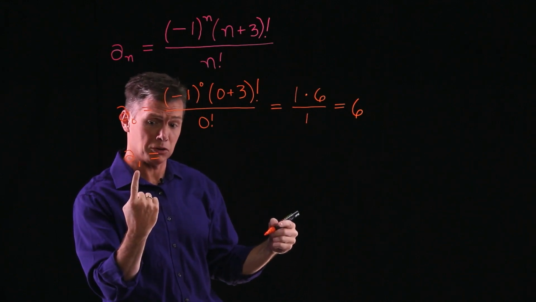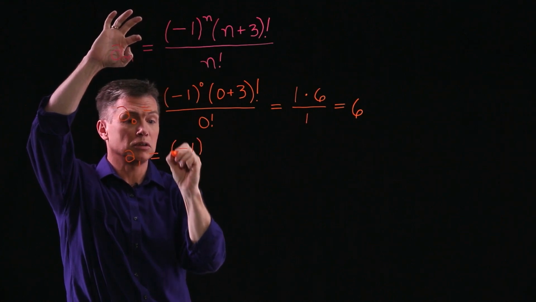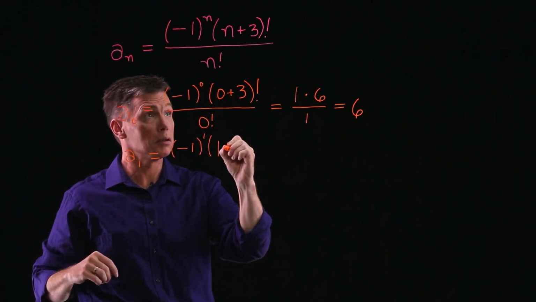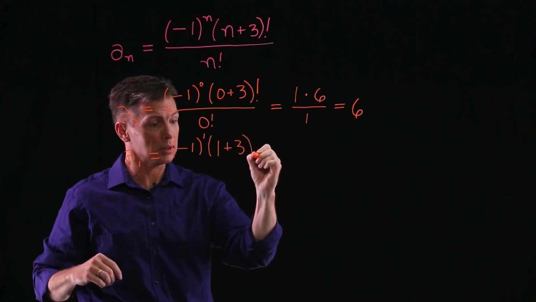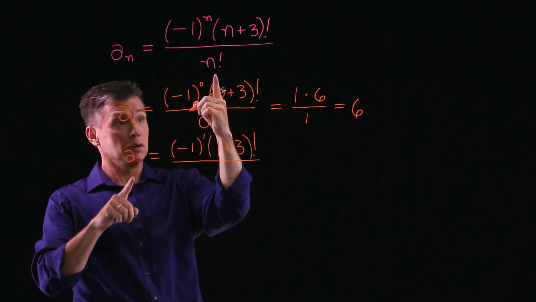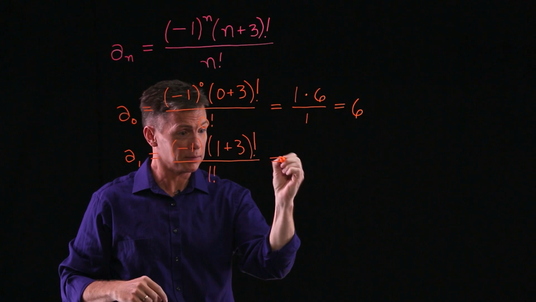This time my n is 1, so minus 1 raised to the 1. Times parentheses 1 plus 3 factorial divided by 1 factorial and simplify.